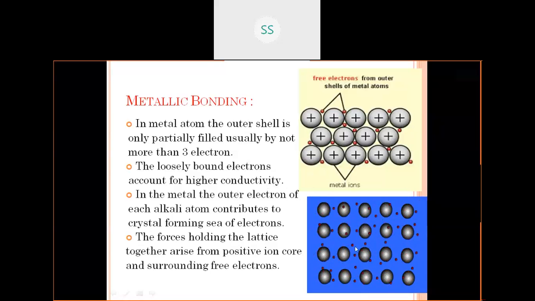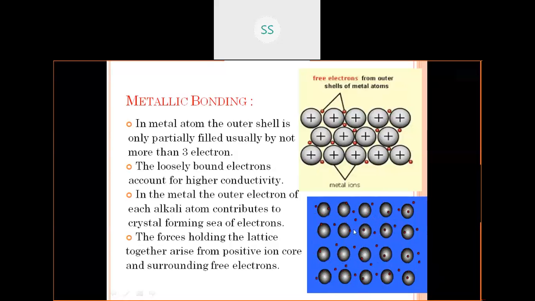Also, in this picture you can see these atoms, and how the free electrons are there. One more point is that in the metal, the outermost electron of each alkali atom contributes to the crystal, forming a sea of electrons. That is obvious. Assume that each atom gives out 3. So for the entire structure, it looks like a sea of electrons, and that is visible from this second picture.